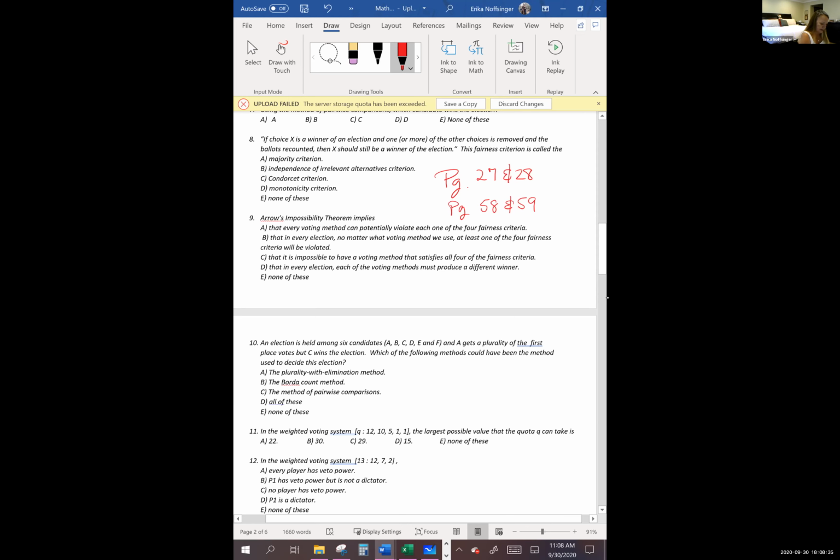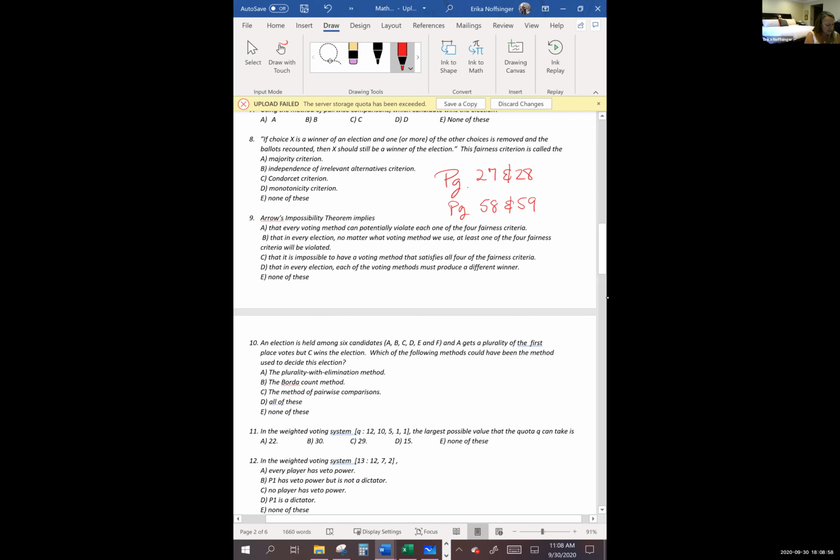And so knowing that, fairness criteria and Arrow's impossibility theorem. There was a famous economics person, I apologize, I don't remember his name, but he came up with these fairness criteria.